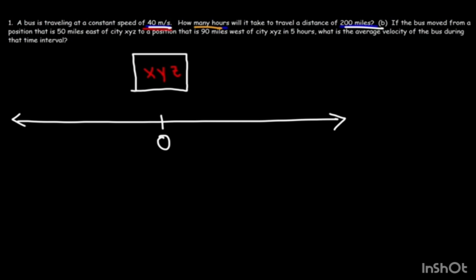So the bus was 50 miles east of the city, so it was initially here. So this is going to be x initial. That's the initial position of the bus. And then it moved to a position that is 90 miles west of that city. So this is going to be negative 90. That's the final position of the bus.